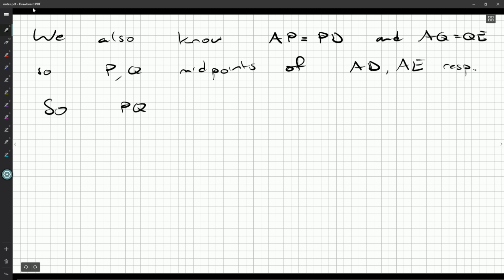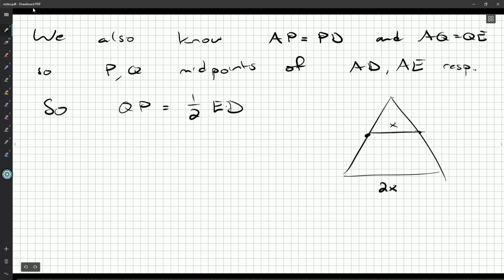So PQ, well actually it should be QP, is 1/2 of ED. This is a nice true fact. Anytime you've got a triangle and you take the midpoints, where you have 2x here, it'll be a regular x.